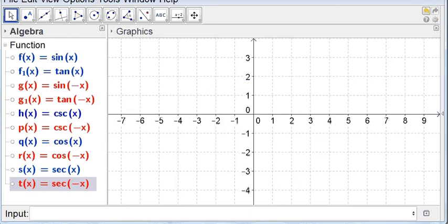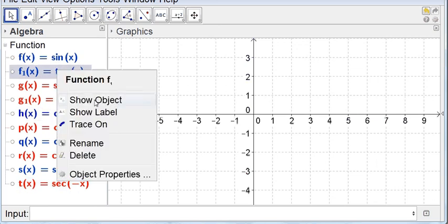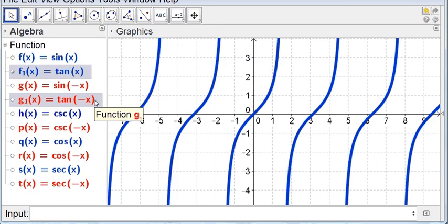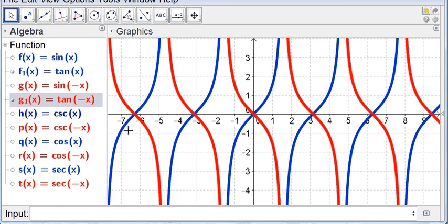Let's take a look at those. Tangent, where'd you go? There it is. There's the tangent function, tangent of x, and now we're going to do tangent of negative x, or of negative theta. And notice what's happened. It's been reflected over the x-axis. We ended up with negative tangent in essence.